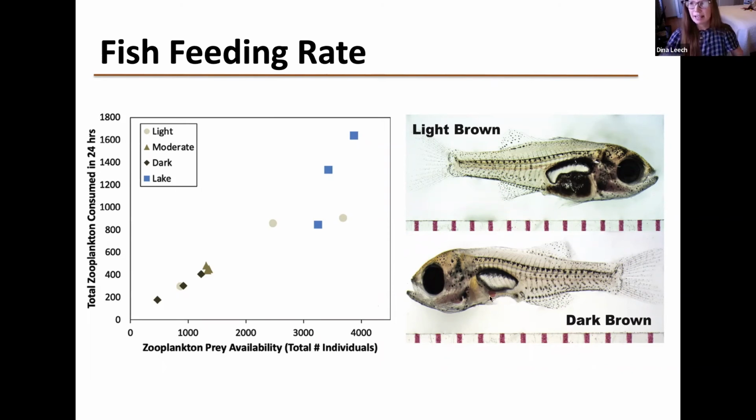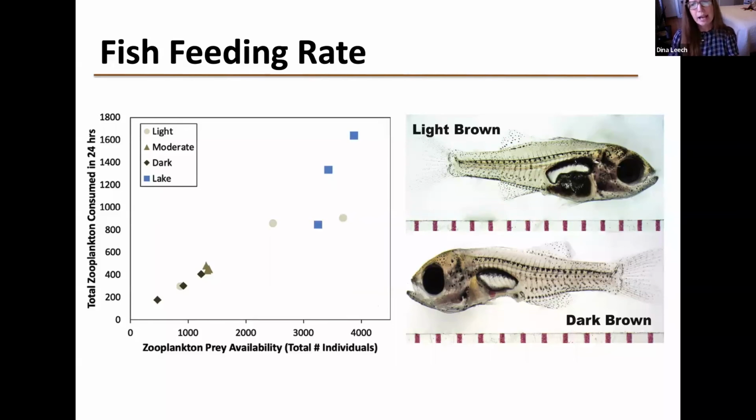They were empty and starving so much that their stomach was beginning to sort of distend, right? And not surprising, I'm not going to show you the data, but this affected growth. So the baby bass grew more so in the light brown and lake water treatments compared to the dark brown treatments.